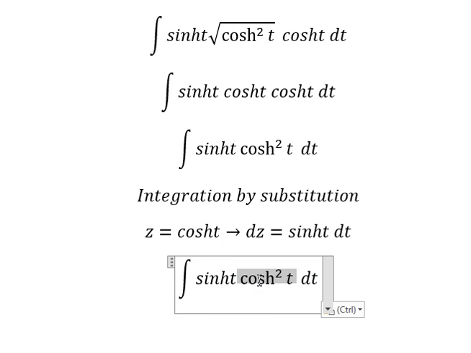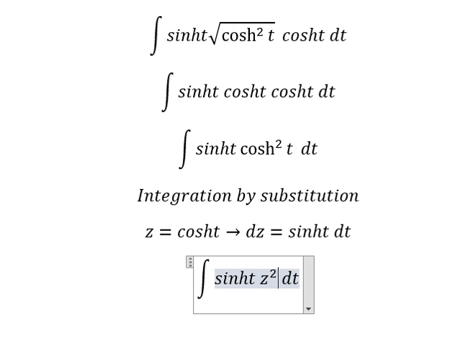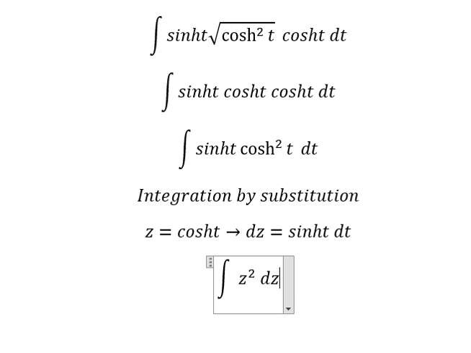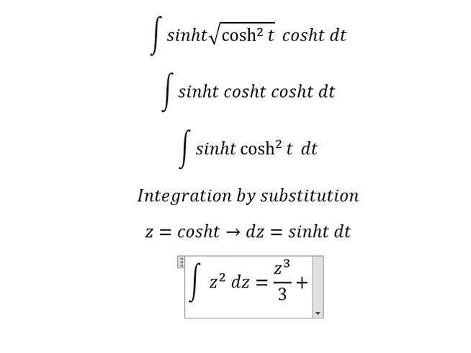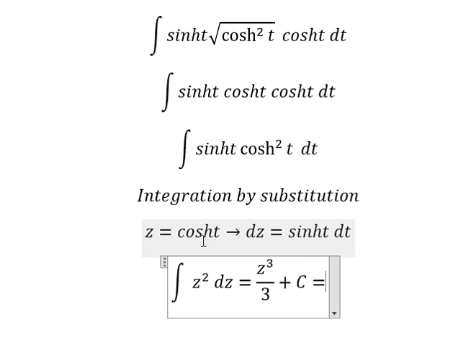This one gives you z squared sin t dt, which is dz. The integration of z squared gives you z to the power of 3 over 3, and we put plus c. Z is cos t.